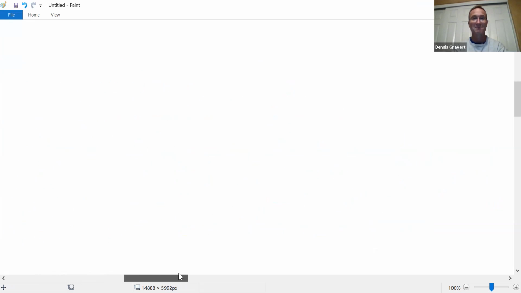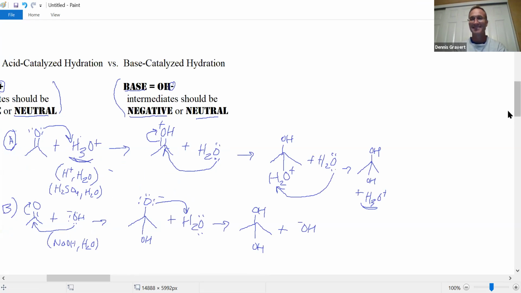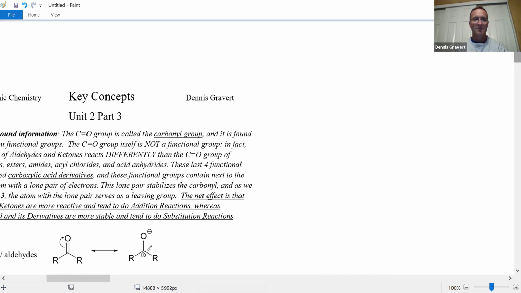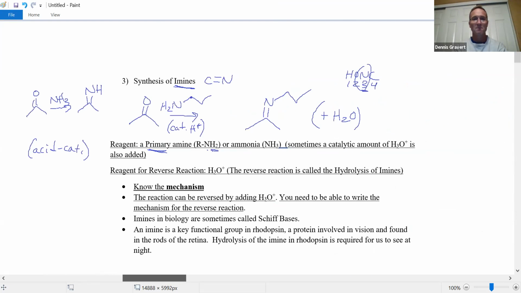Darn it, amine. Oh, where'd it go? Go back to the amine. Okay, before I jump into the mechanism, let me make sure I haven't forgotten anything. Oh, aldehyde or ketone, right? That's what I'm forgetting. So if you want to see the reaction for aldehyde, change this to an H and you got it.